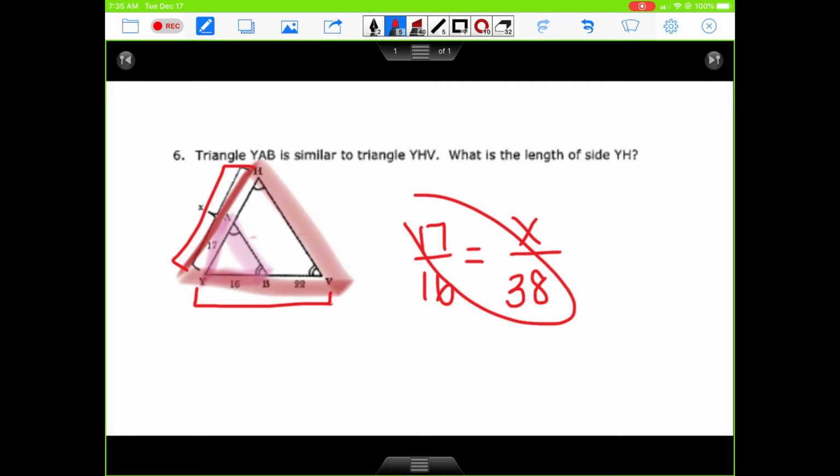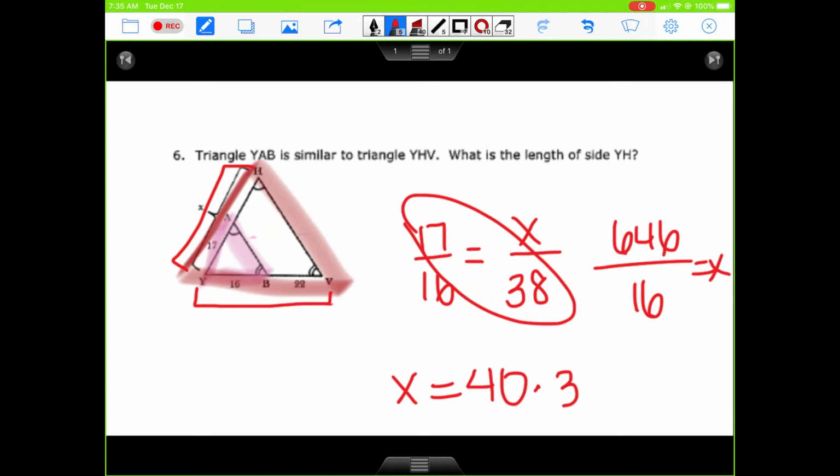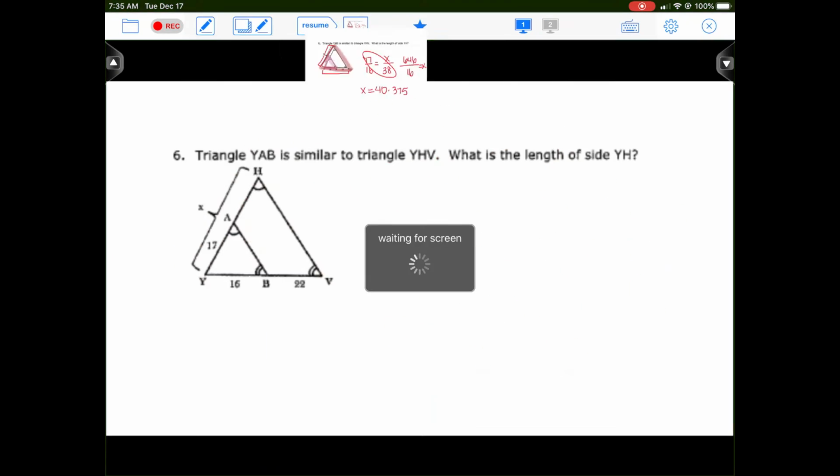Once again, cross multiply. 38 times 17 is 646. Divide that by 16 to give you x, and we're going to have a decimal here. X is equal to 40 and 375 thousandths.